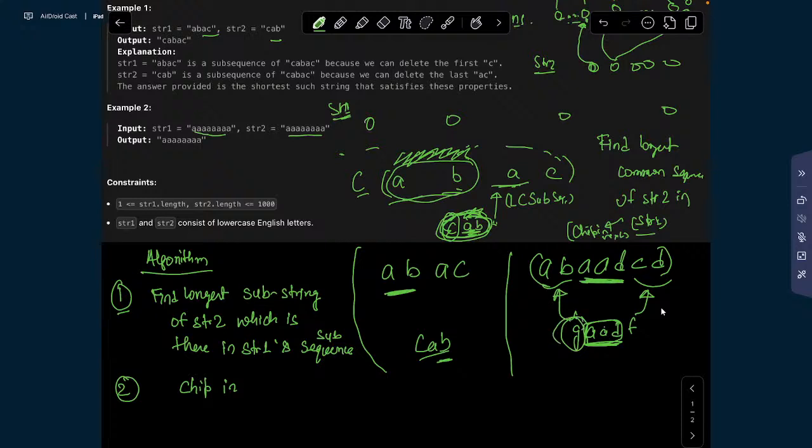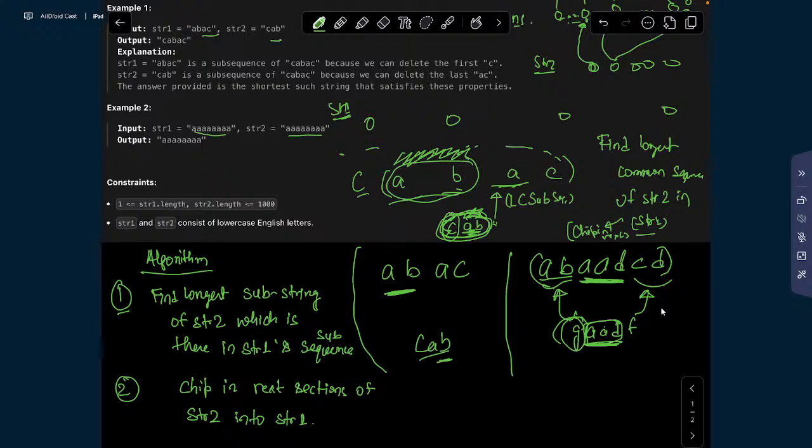Basically, whatever is left, we have to insert in these places. The rest of the sections of str2 into str1.